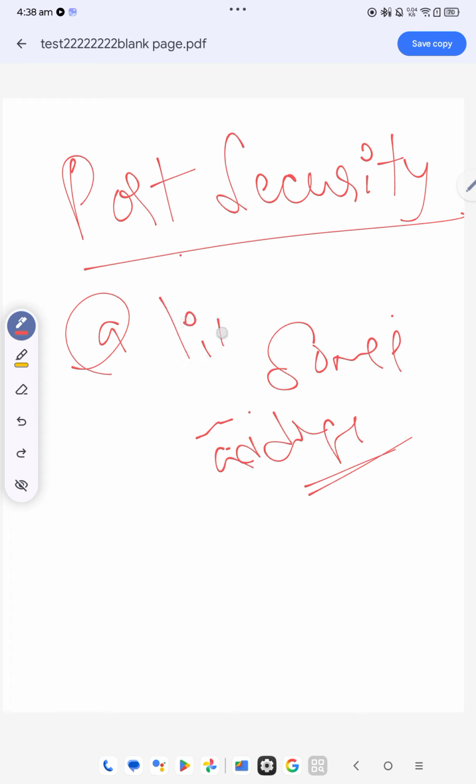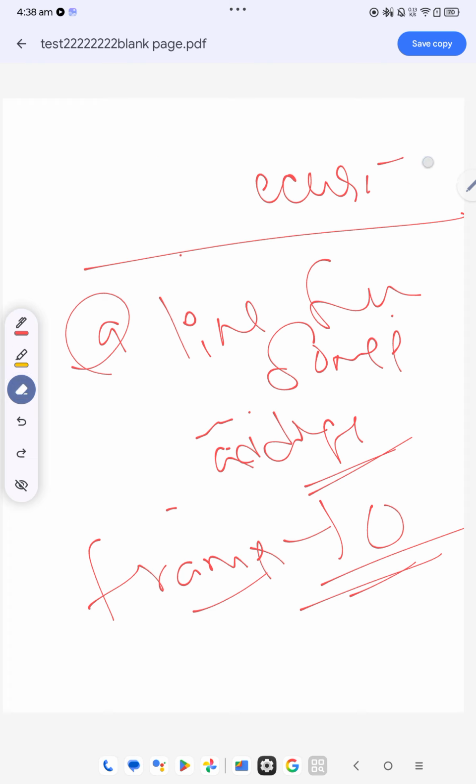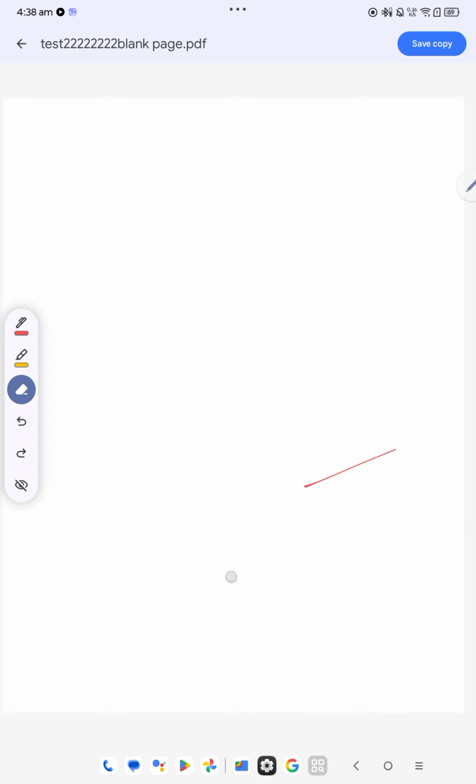Only some MAC addresses, I mean some frames, are allowed in the switch on a given port. So it is like security.